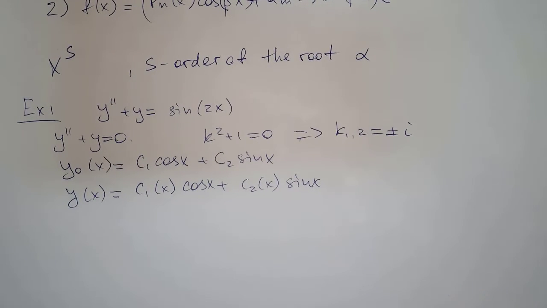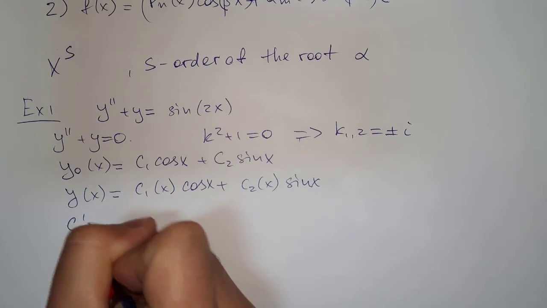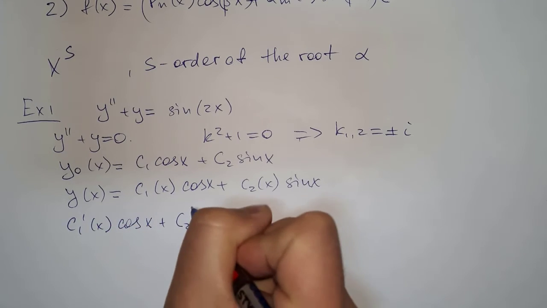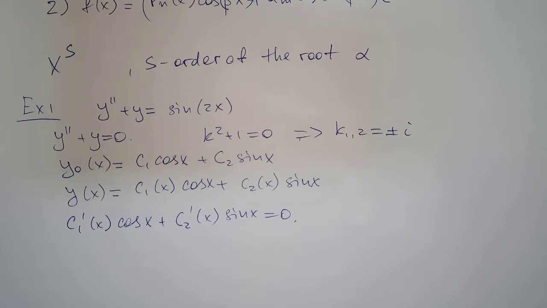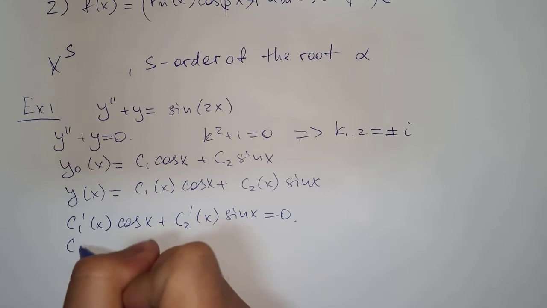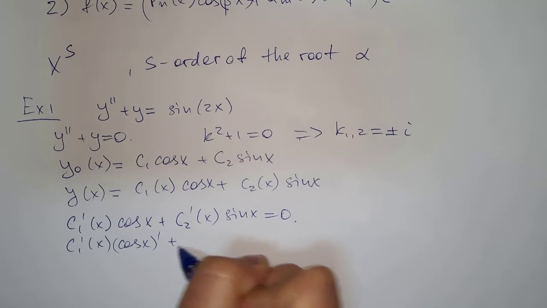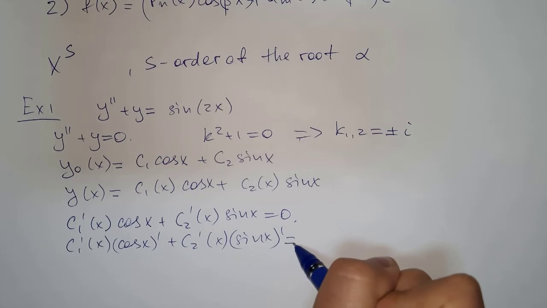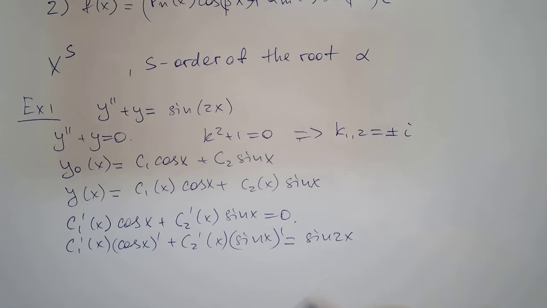Now using the method of variation of constants, we have c1 prime of x cosine x plus c2 prime of x sine x is 0, and the second one is c1 prime of x cosine x prime plus c2 prime of x sine x prime. This is our f of x, sine 2x.